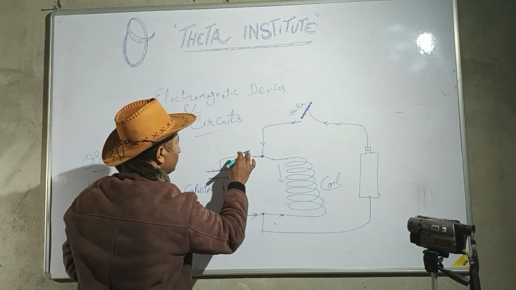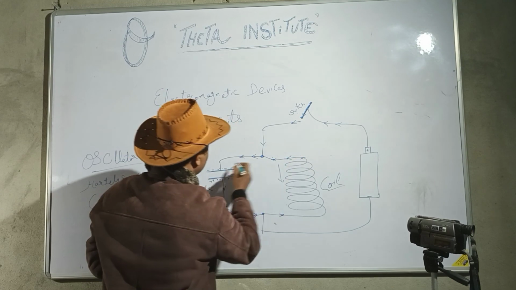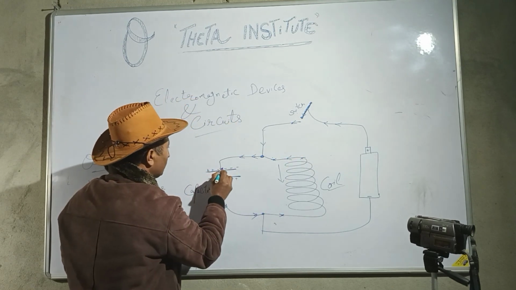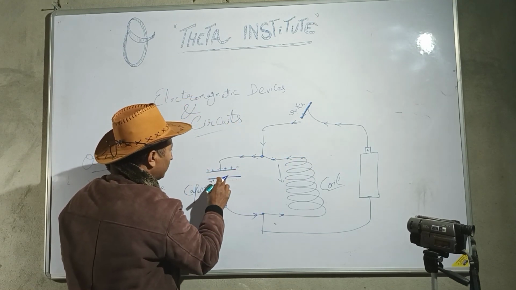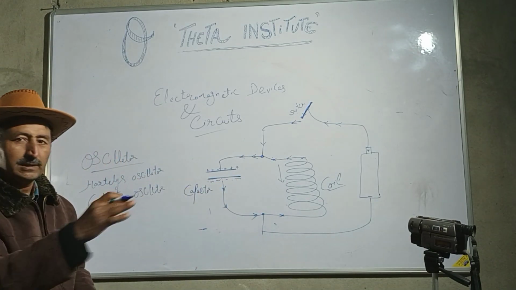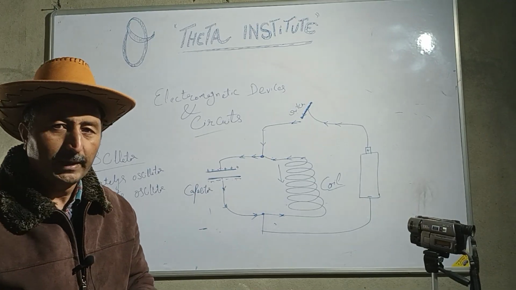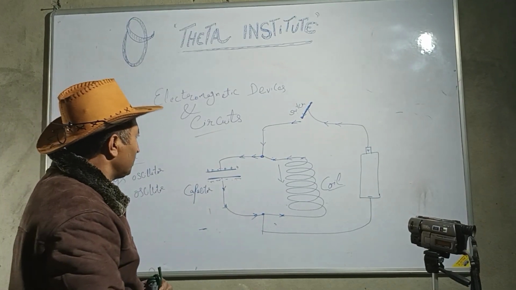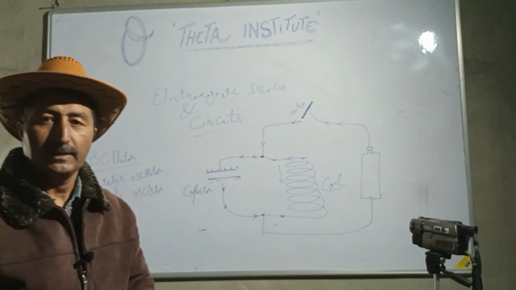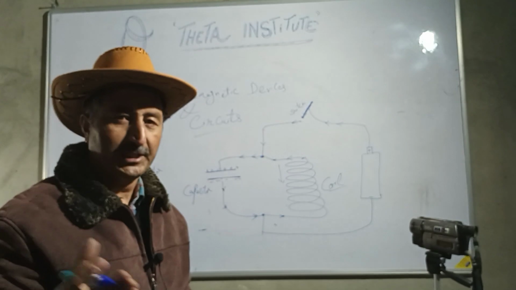So when the current gets reversed in each cycle, this will become positive again, and here will again come negative, and these cycles will continue indefinitely, thereby making an oscillating electric current. This is the fundamental principle of making electric oscillations.